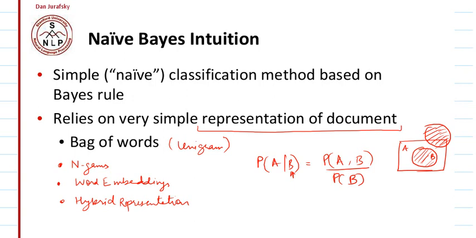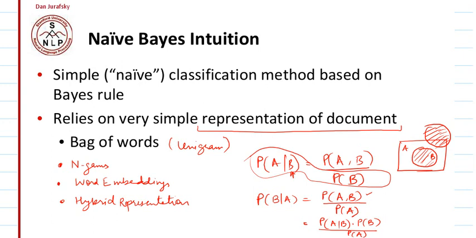Right? Similarly we can have the vice versa, P of B given A is equal to P of B comma A, which can also be written the same as A comma B. Now again we can eliminate this P of A comma B from here, so we get P of A given B dot P of B divided by P of A. Right, so I am replacing this P of A comma B with this thing, and I am putting it here.